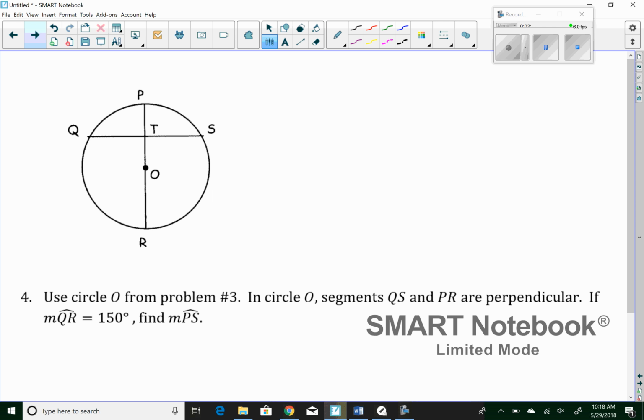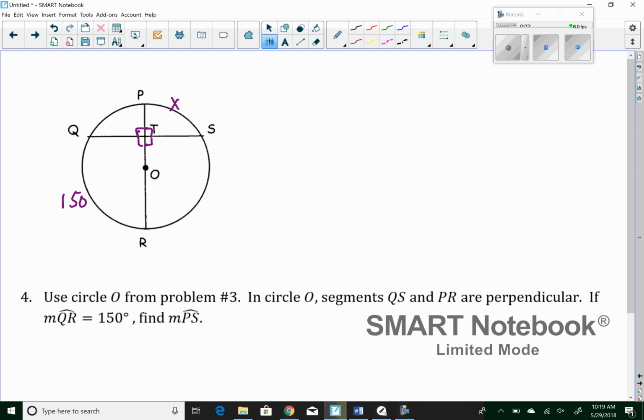Number 4 uses the same picture, and it says that in circle O, segments QS and PR are perpendicular, meaning this is a 90-degree angle, and all of these are 90-degree angles. It says if QR is 150, find PS.